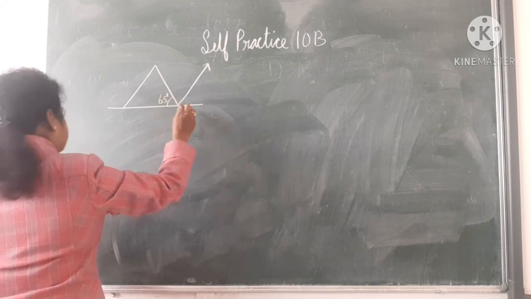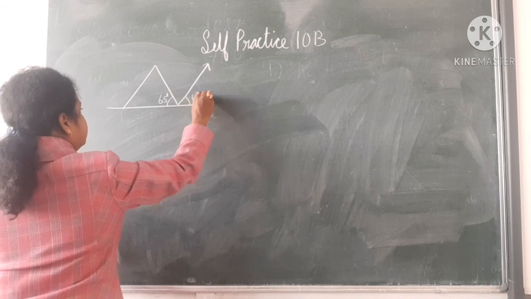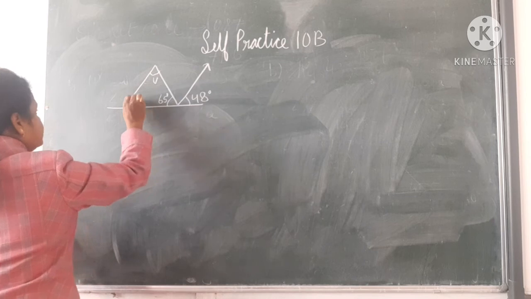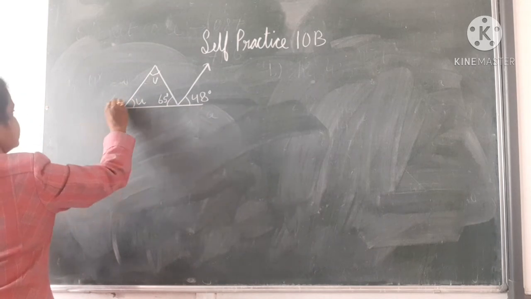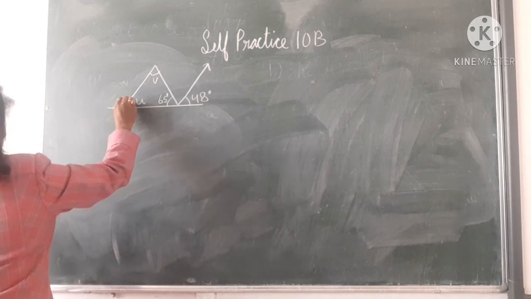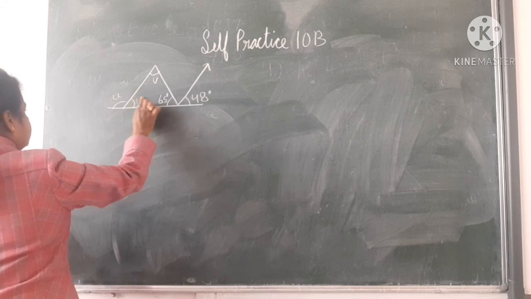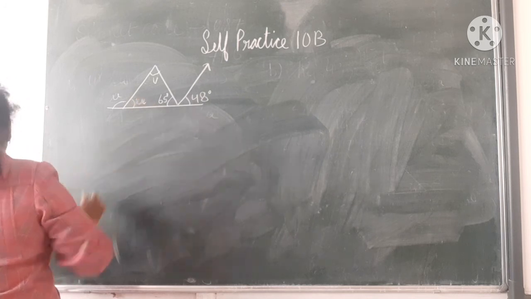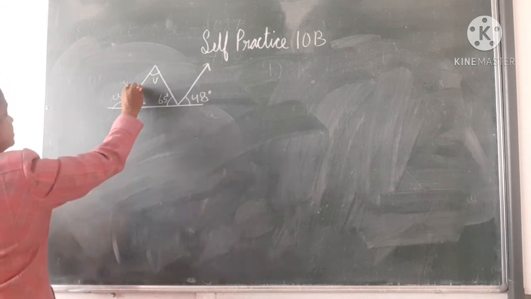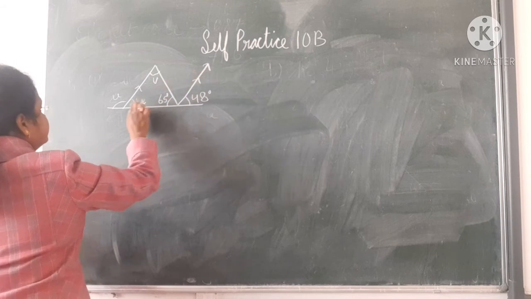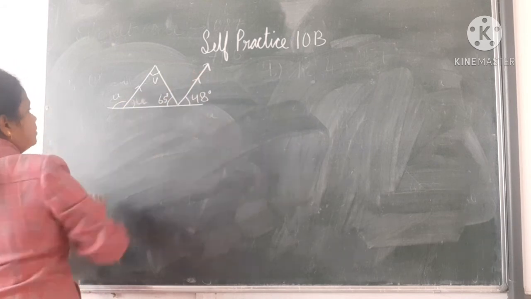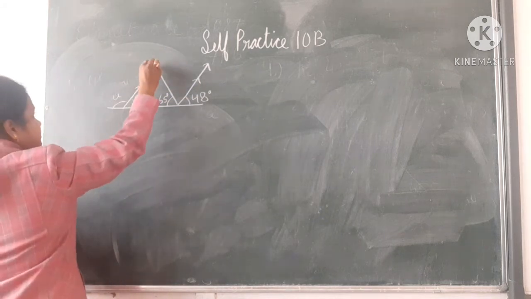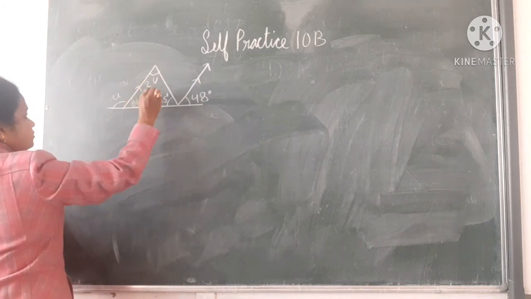Okay, this is your 48 degree, and this one is your V, this is U. And this is also parallel. So as these two lines are parallel, I am naming it 1, 2, 3.